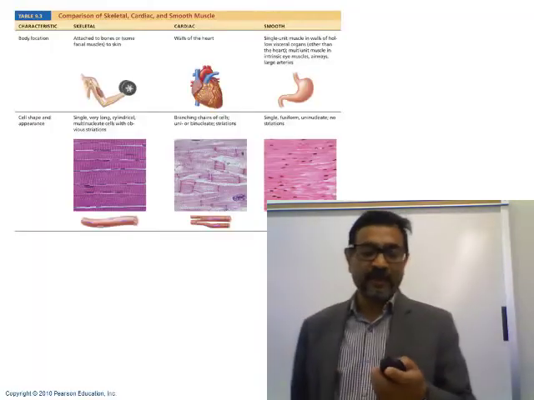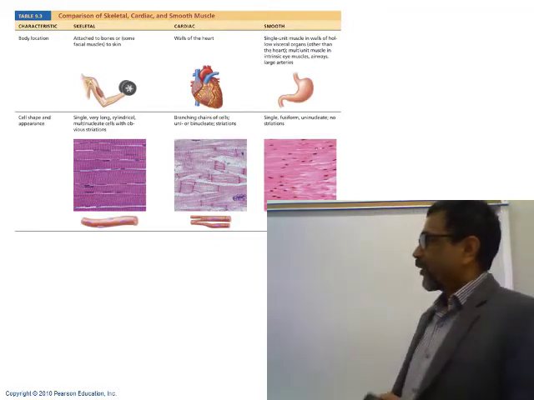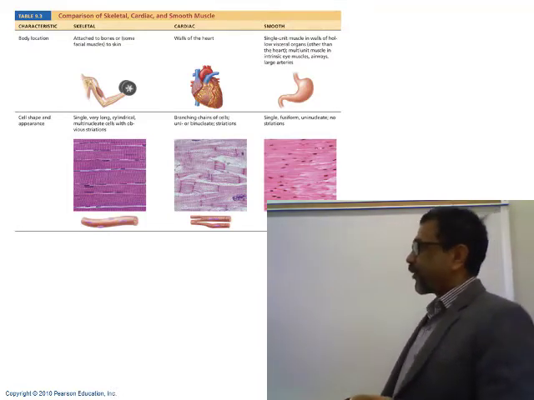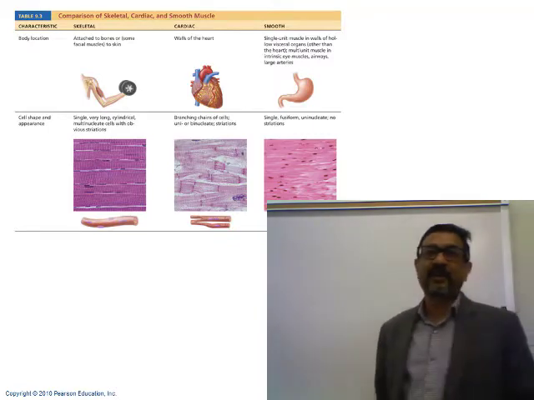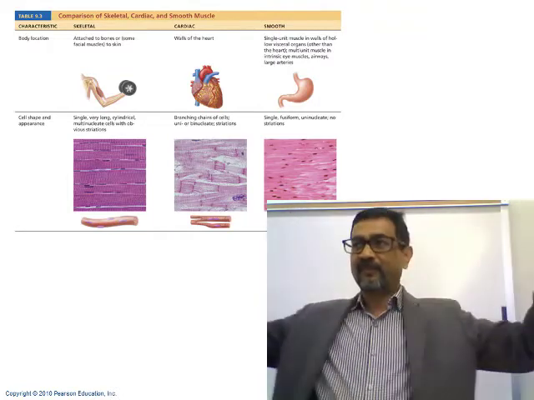Here you see how those three types of muscle tissues look under the microscope. You have already seen this under the microscope. So the first one you see is the skeletal muscle. Skeletal muscle fibers are long cylindrical fibers like this.